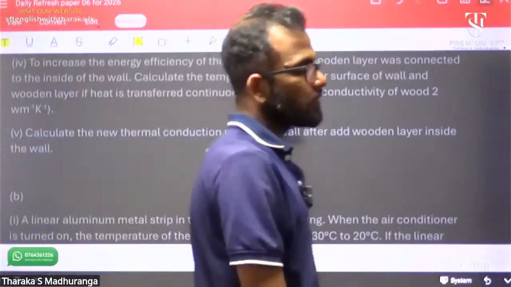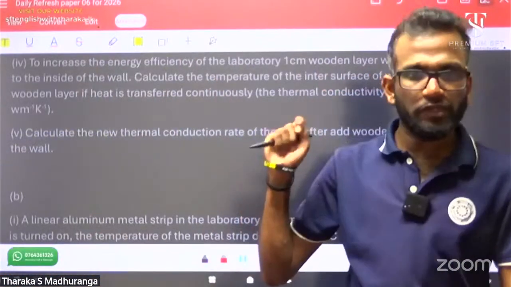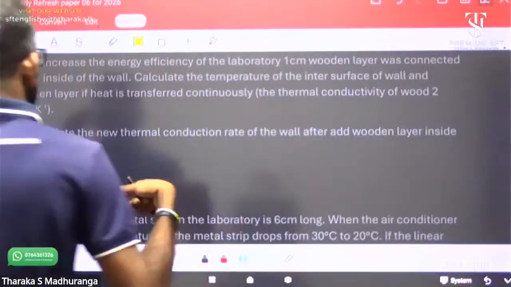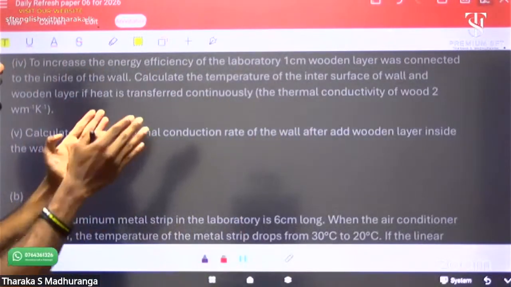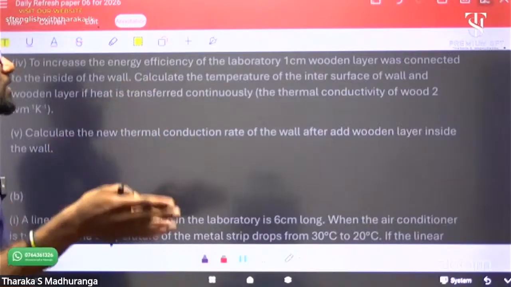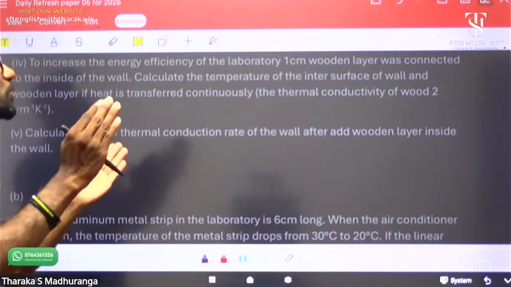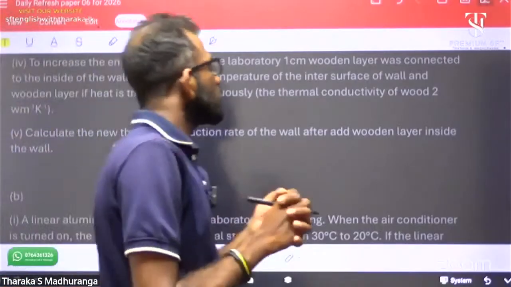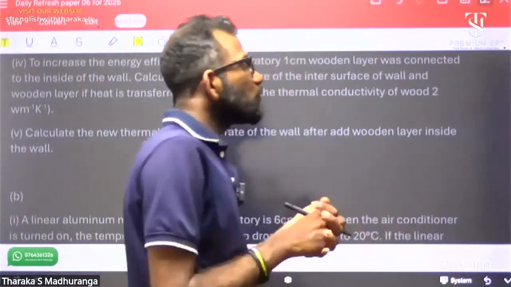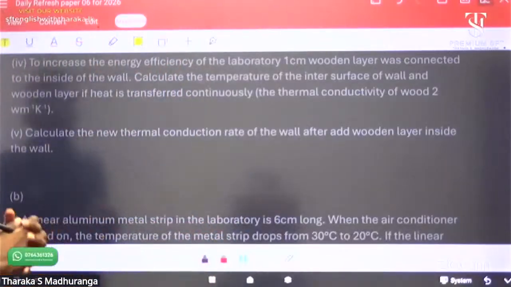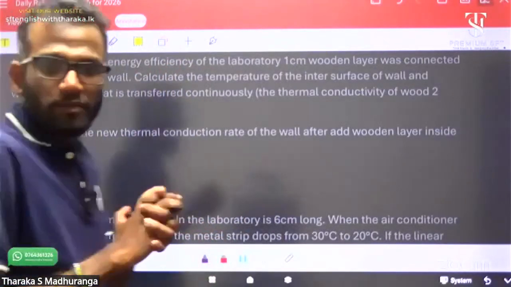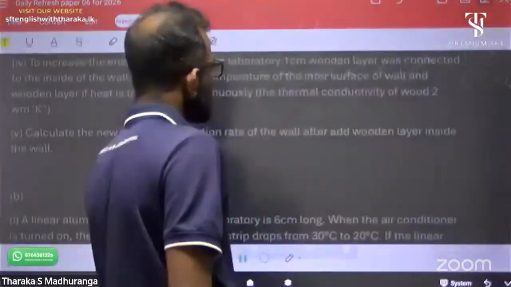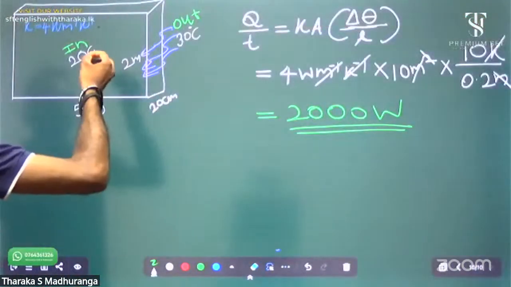Next, this one is the most important question. Previously there was only one layer of wall. Now it has two layers. To increase the energy efficiency of the laboratory, a wooden layer was connected to the inside of the wall. This is the inside.